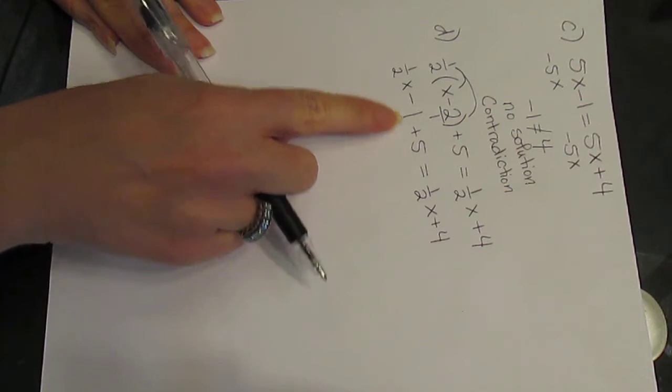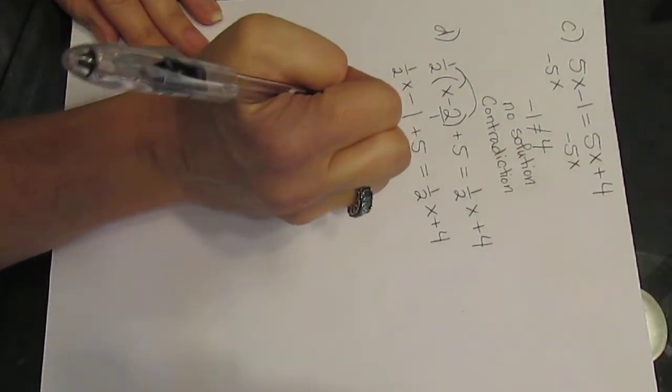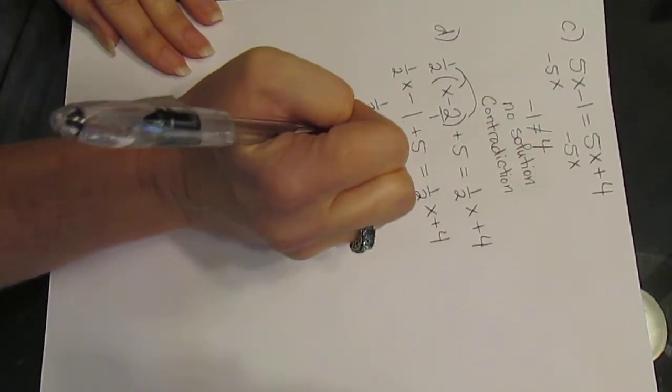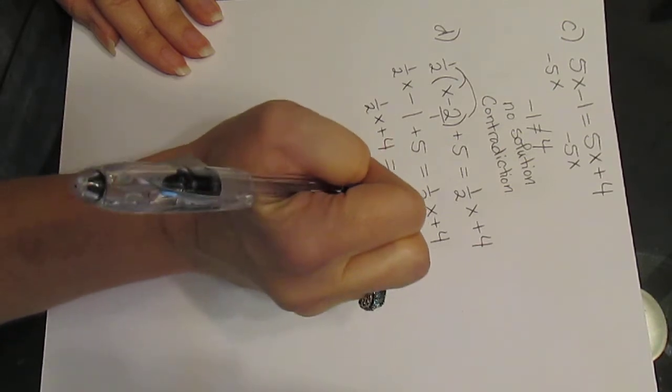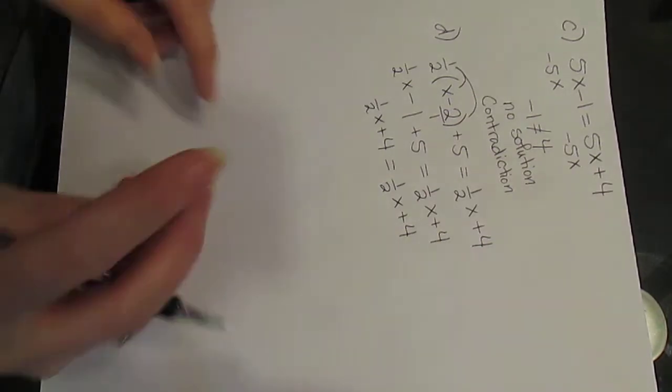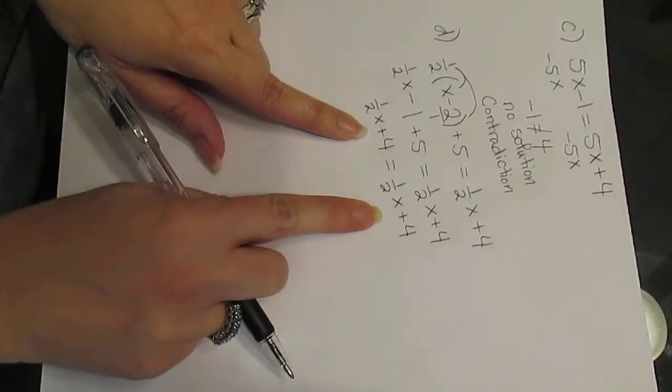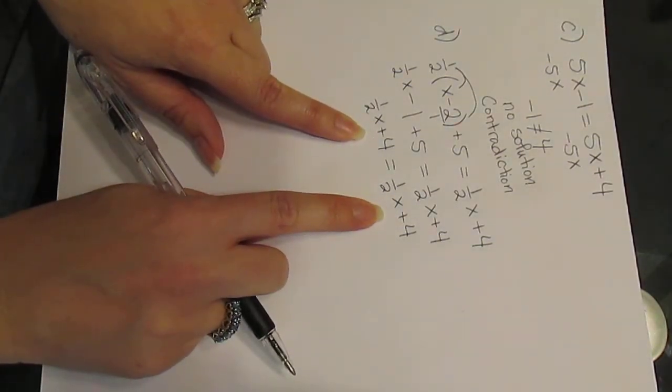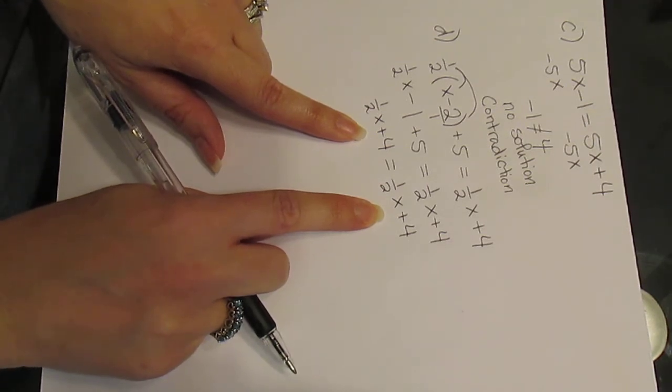Okay, then we'll combine like terms on this side. So we've got 1/2 x plus 4 equals 1/2 x plus 4. Notice we've got the same thing on both sides of the equation. You could keep going. You could subtract 4 from both sides and then divide by 1/2.